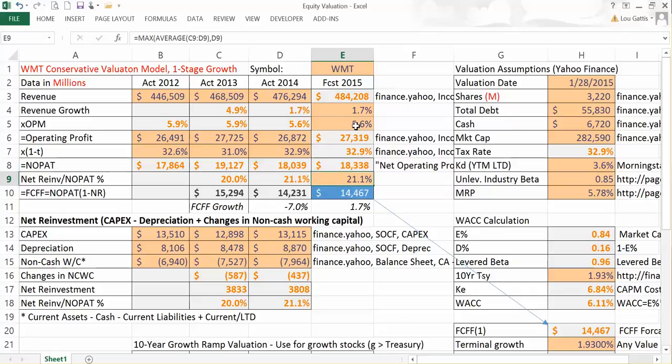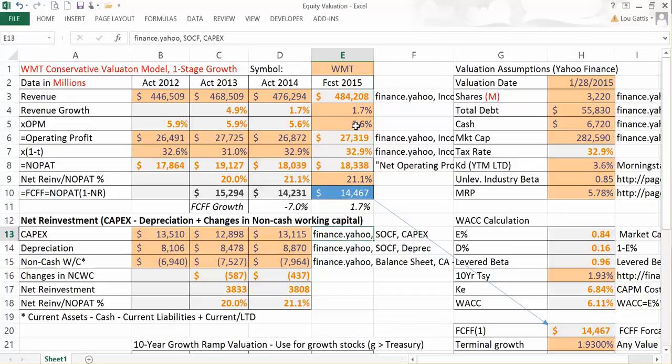I'm going to say that net cost is going to be 21% of profits, which is what they've been running. They ran 20% of profits in 2013 and 21% in 2014. I'll be conservative by taking the higher number, right? If you invest more into the firm, your profit's going to be lower. And that's going to be my estimate of free cash flows.